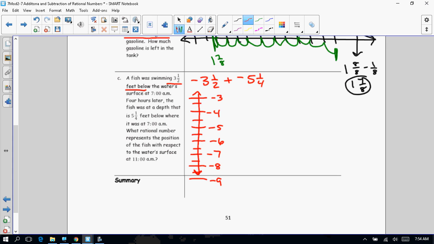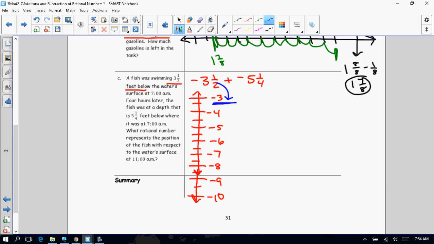I should have gone longer. Negative 10. Let's go there just to make sure we get far enough. Okay, so I start at negative 3.5. Okay, so negative 3.5 is right here.